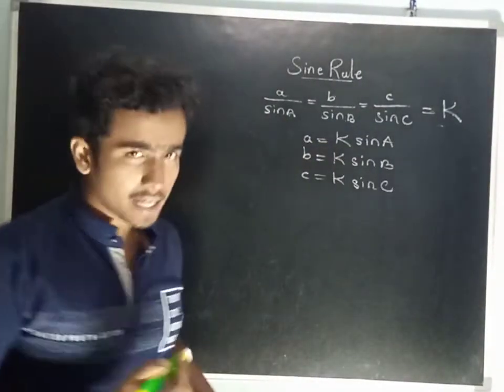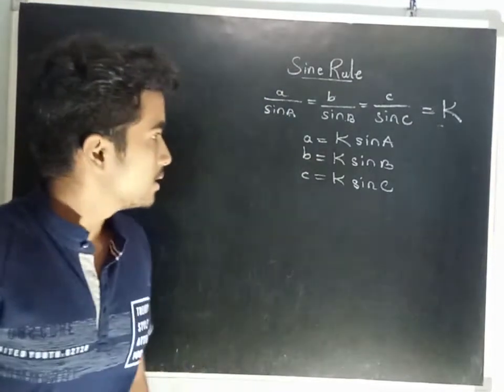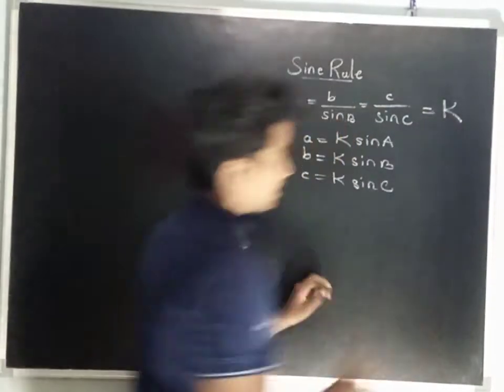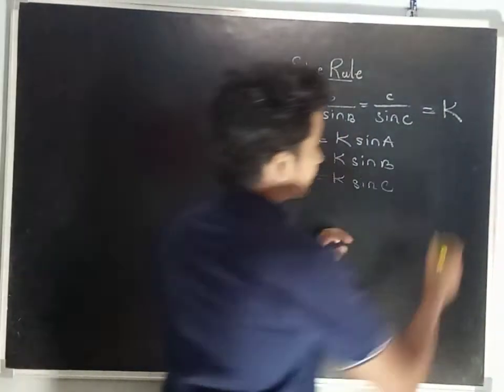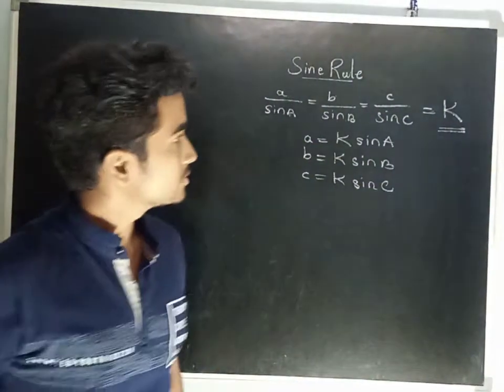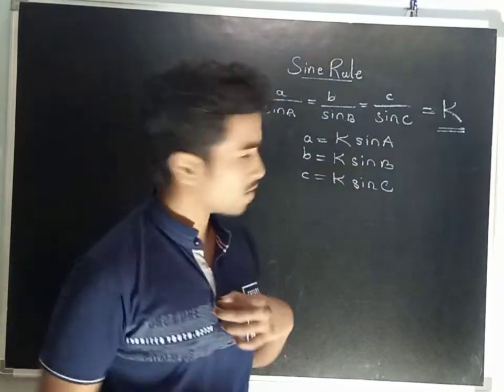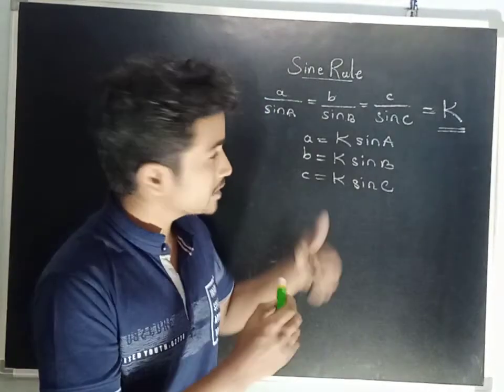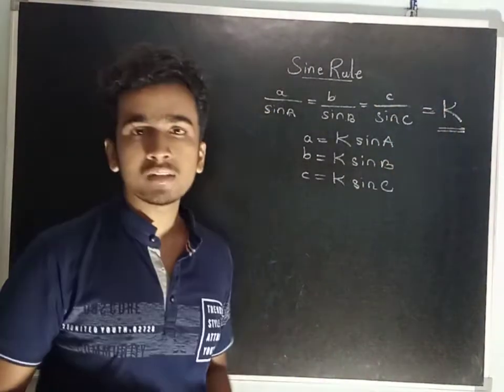Now I am discussing the concept of the sine rule again because, regarding problem solving, I have considered these three equal to a constant k. Here I want to make it clear: is there any significance to this constant k?